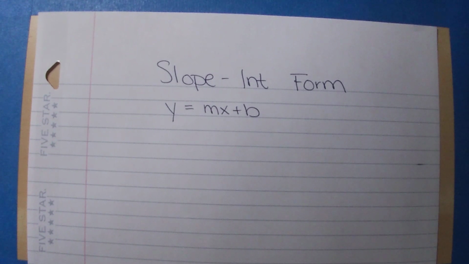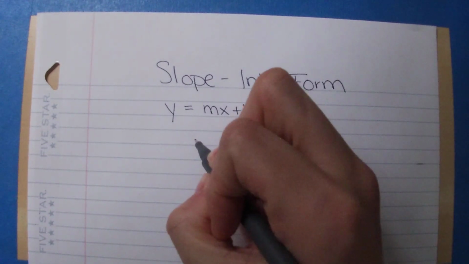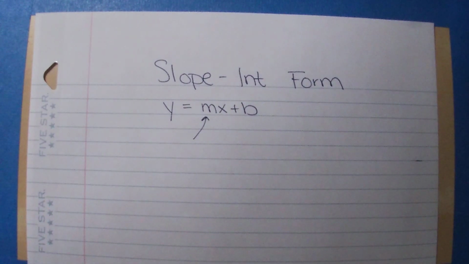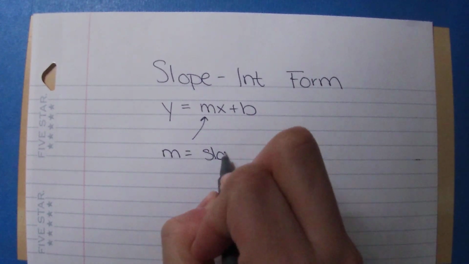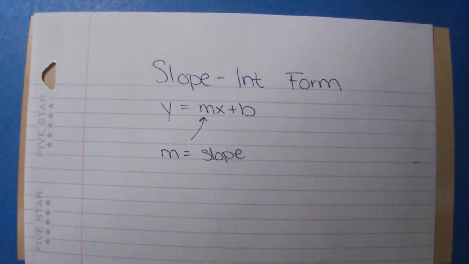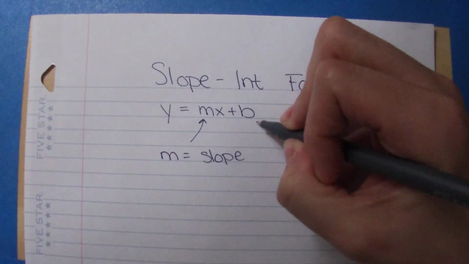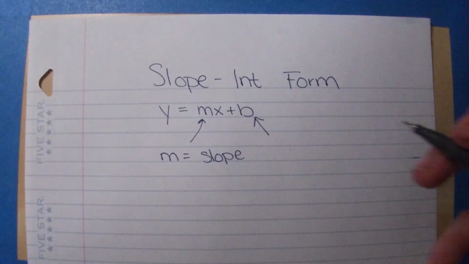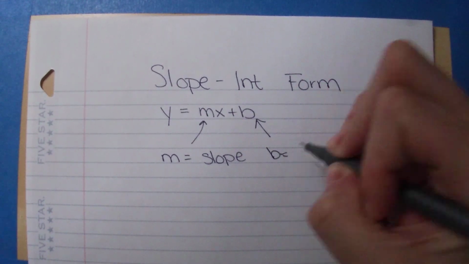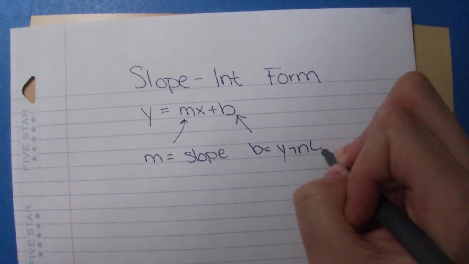It tells us that we can find m. That's one of the important things we should know about. And that m stands for our slope. And it gives us b, which is the other important thing that we should know about. And b stands for our y-intercept.